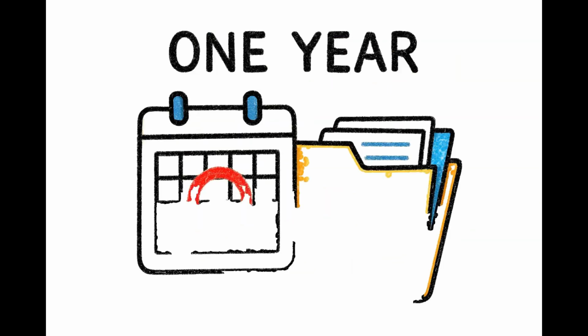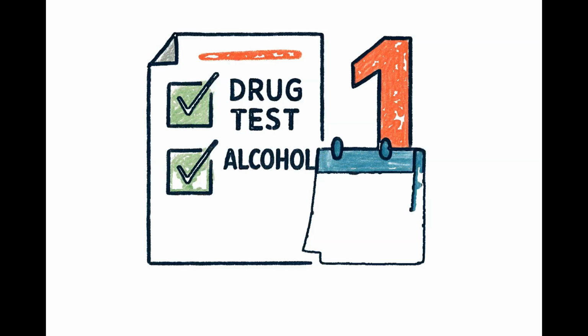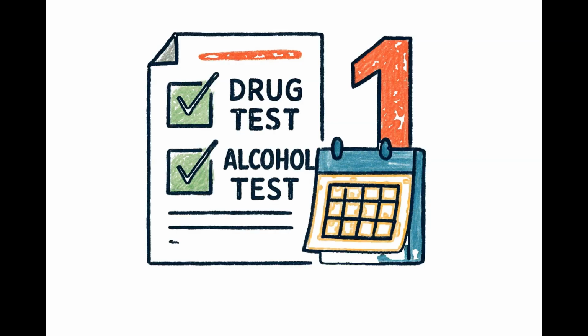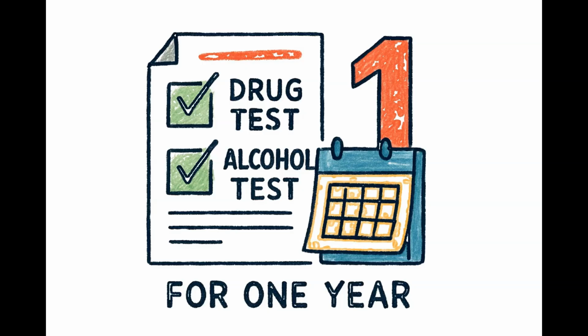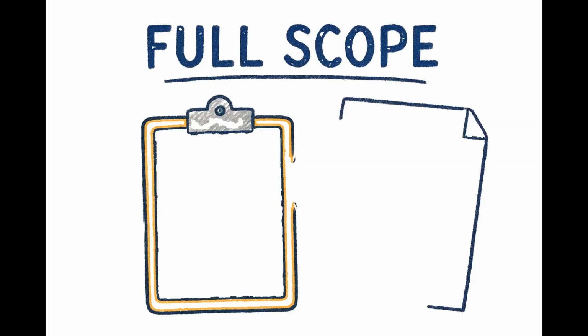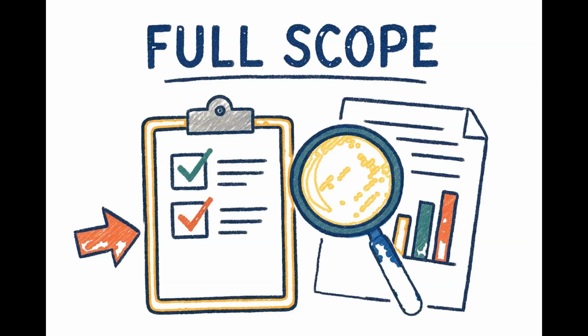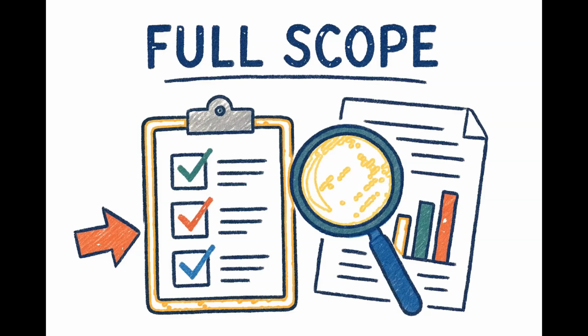Finally, there is the 1-year category. For 1 year, negative drug test results and alcohol test results that came back under 0.02 must be kept for 1 year. Any canceled tests also fall into this group. While these might seem less critical, they are absolutely essential for demonstrating the full scope and activity of your testing program over the last 12 months.